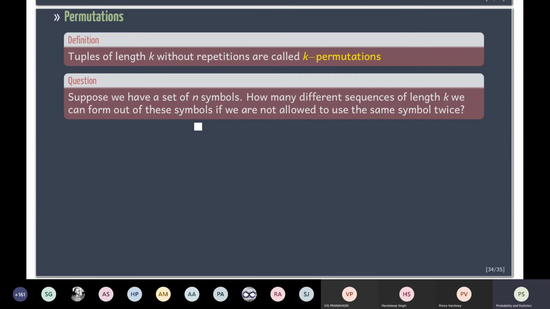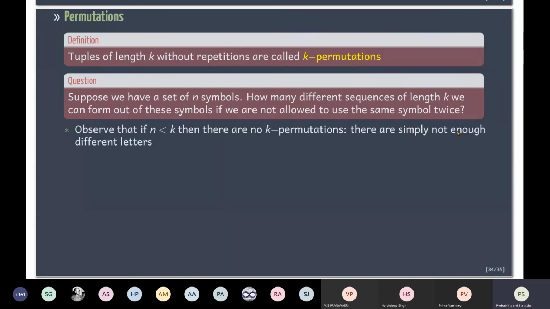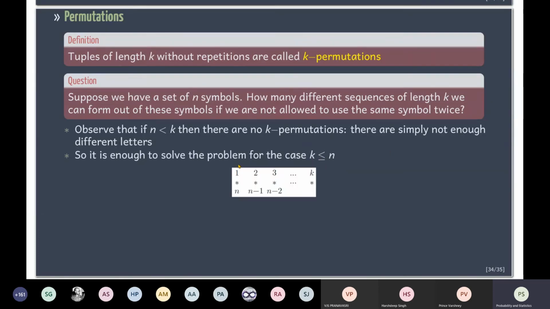How many different sequences of length k can we form out of these symbols if we are not allowed to use the same symbol twice? That's the permutation question here. Here we assume that k is less than or equal to n. So what we are asking for is the k permutations, and n is greater than or equal to k.